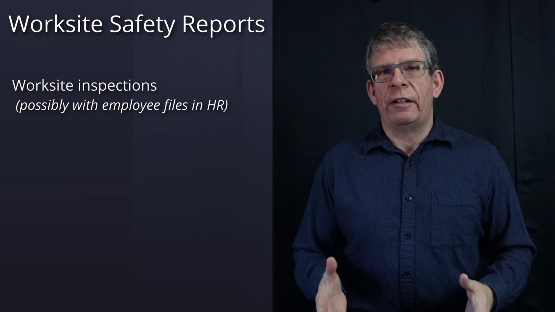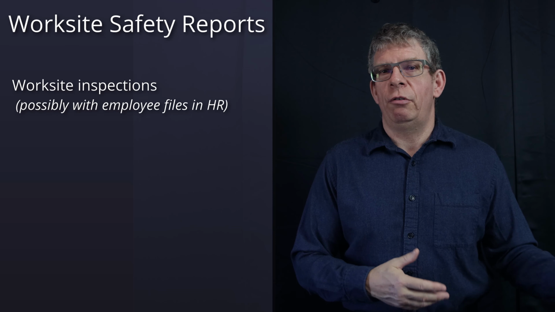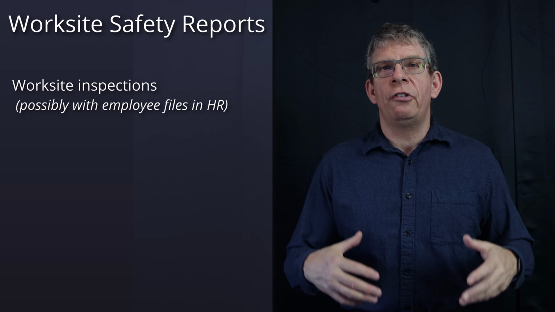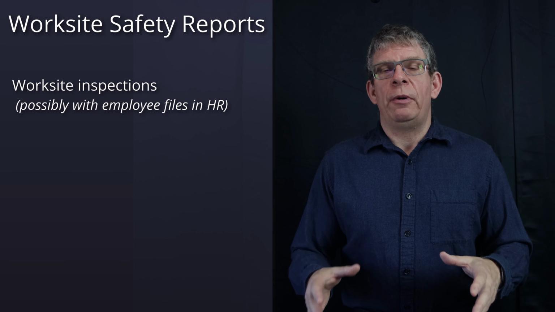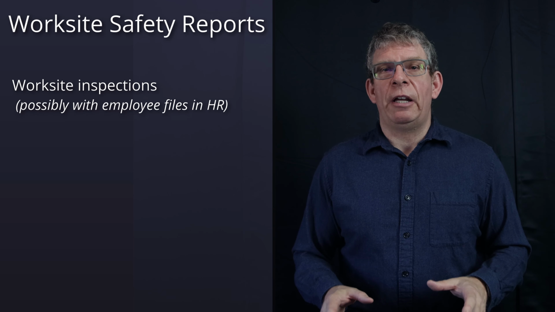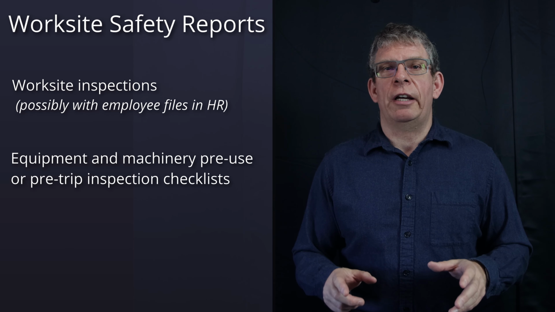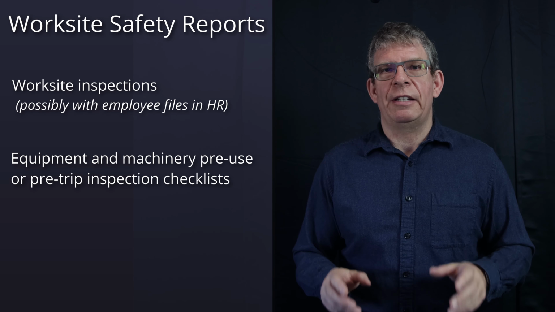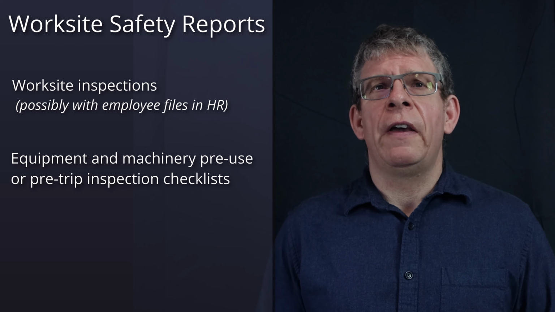Finally, the last thing is worksite inspection reports. Now, I'm not just talking about the inspection where you walk around the worksite and inspect everything from the fire extinguishers to the equipment and the work processes. Those are pertinent, yes, by all means, but I also need to mention pre-use checklists and pre-trip checklists. That's such a mouthful.